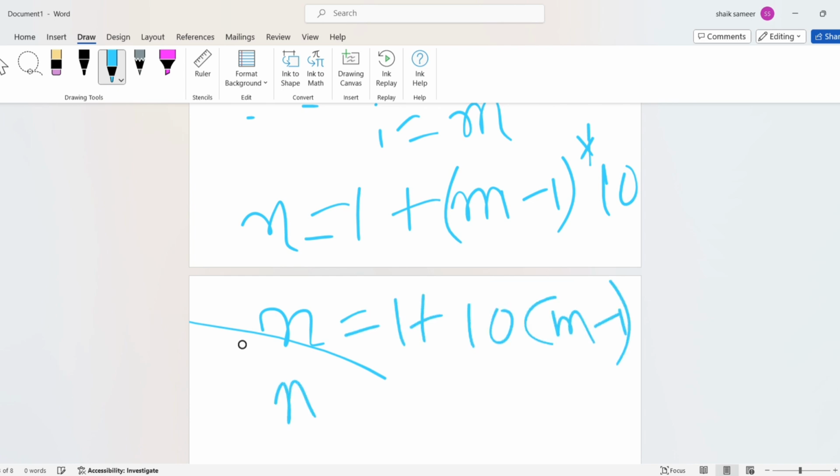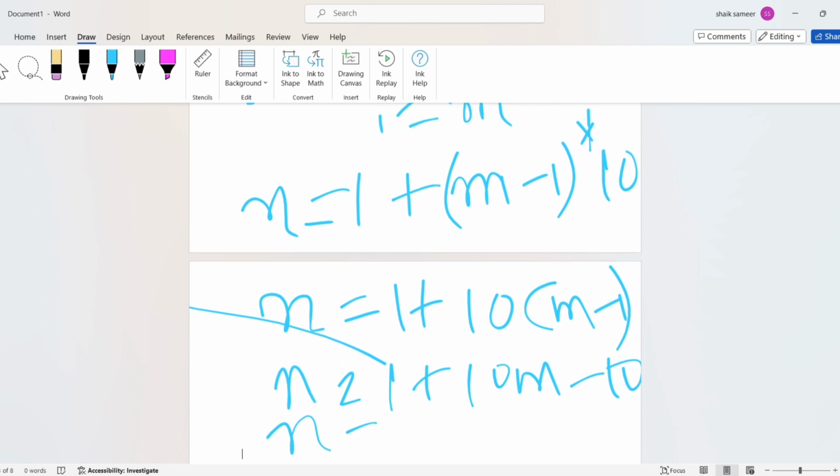Okay, n equals 1 plus 10m minus 10. From this one we can draw the value of m. Understand? Draw the value of m.